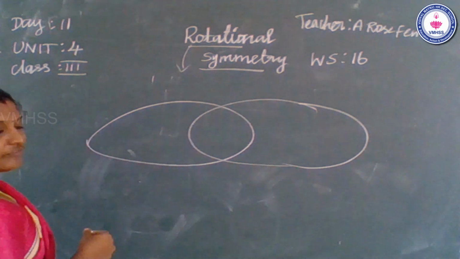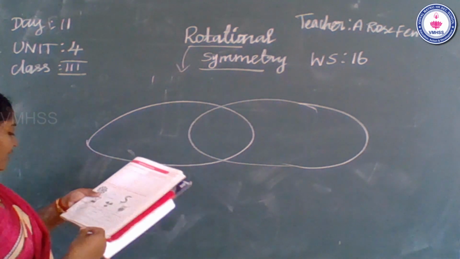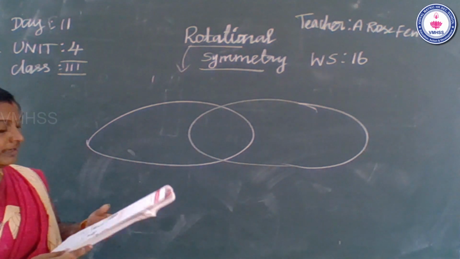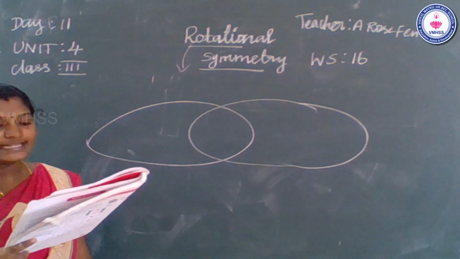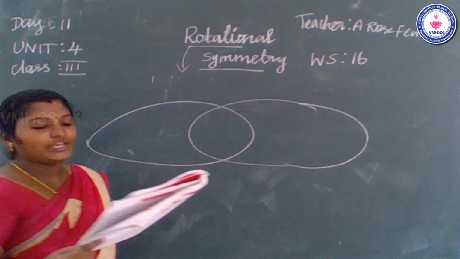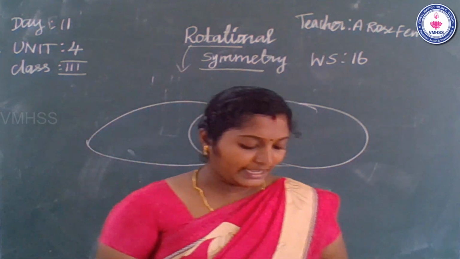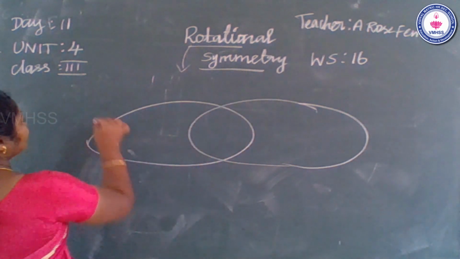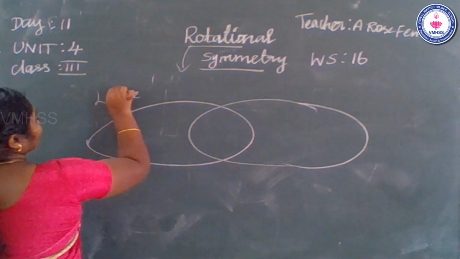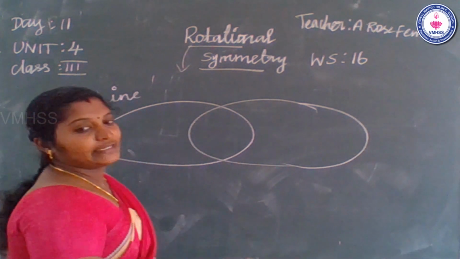Okay, so this is our Venn diagram. Okay, ma. So now we classify the objects as having line symmetry or rotational symmetry. Okay, so first one is line symmetry.